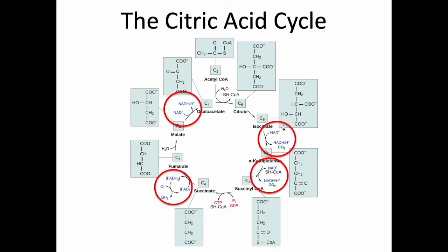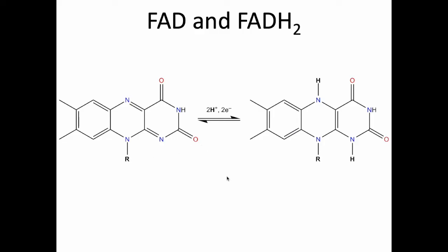And here I've circled them: NAD plus to NADH, NAD plus to NADH, NAD plus to NADH, and FAD to FADH2. Yeah, it's another one of these. Flavin adenine dinucleotide is reduced to flavin adenine dinucleotide H2.